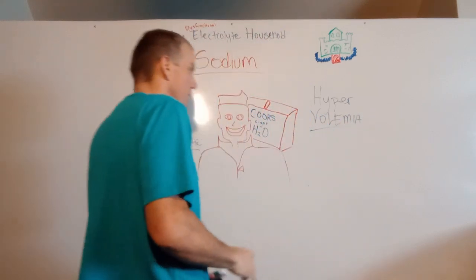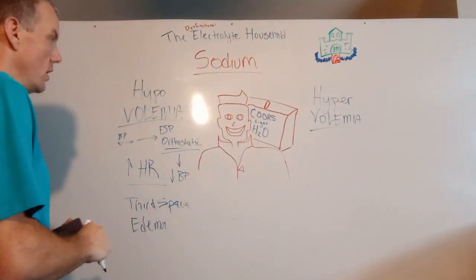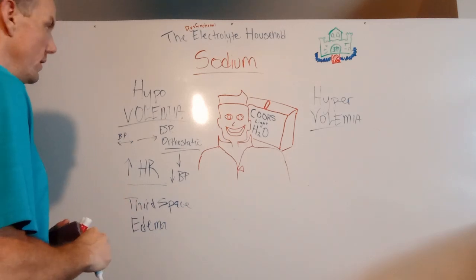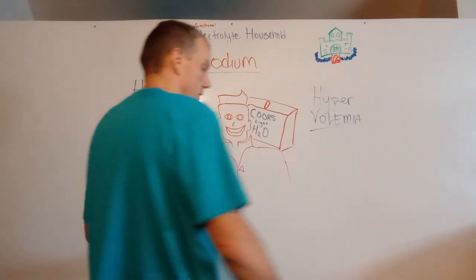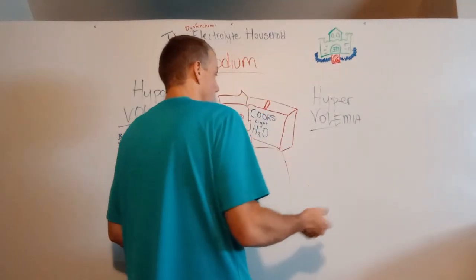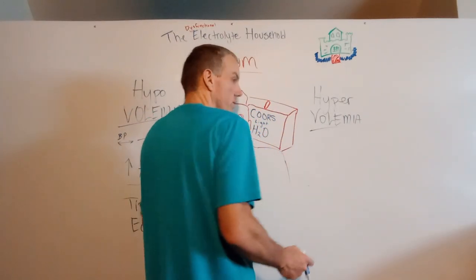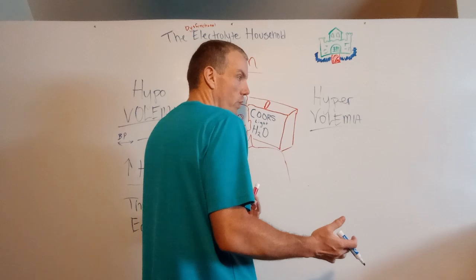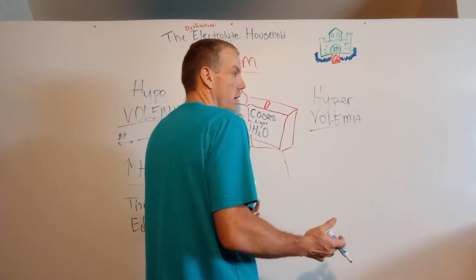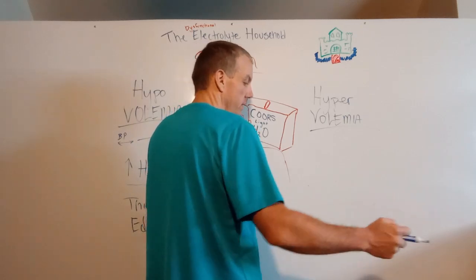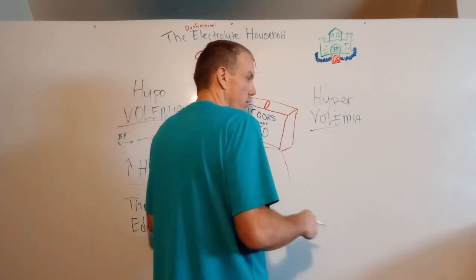So the opposite of this is hypervolemia, and this is when you have too much fluid in the vasculature. And so the obvious result of that is when you've got a big bucket of water that you have to move every time the heart beats, it gets harder and harder to move it.